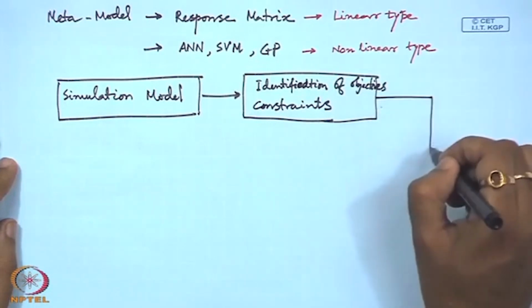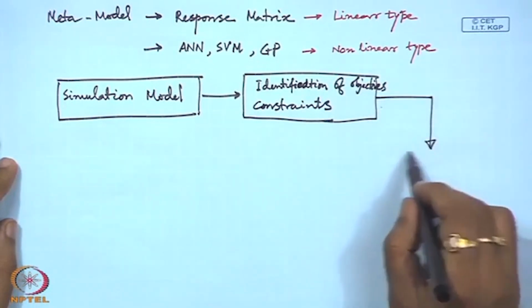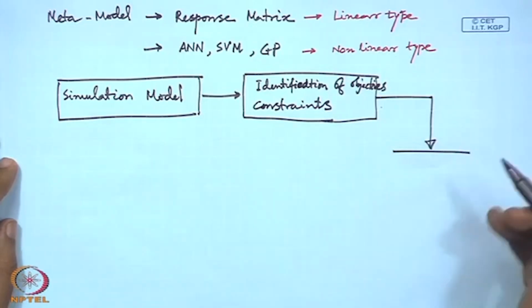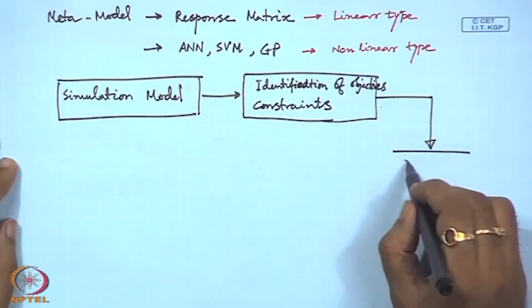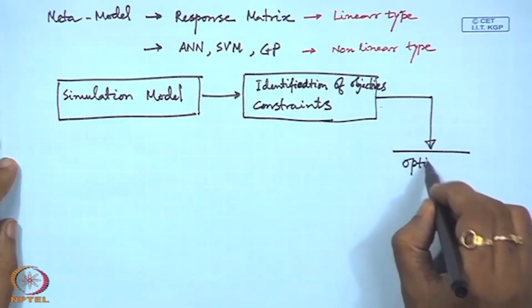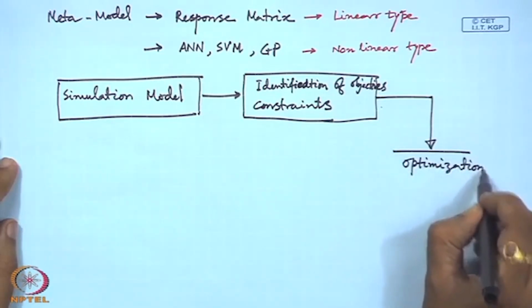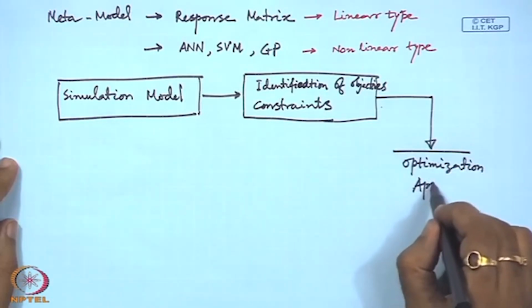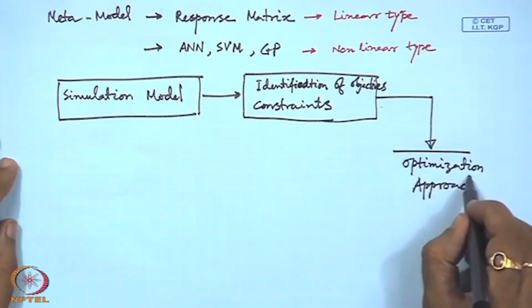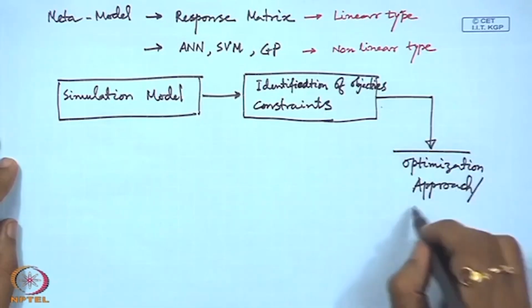Then, based on whether the objectives and constraints are linear or non-linear, we can find the optimization approach or algorithm.